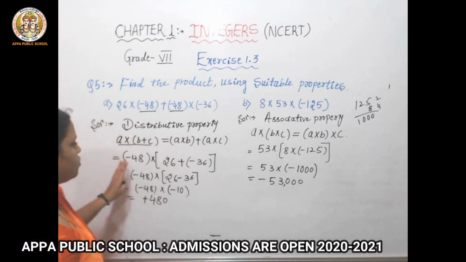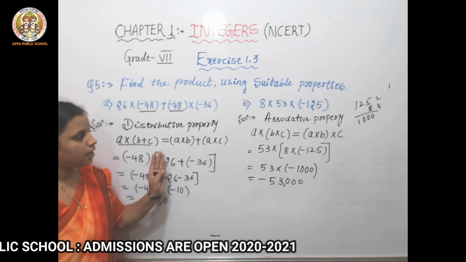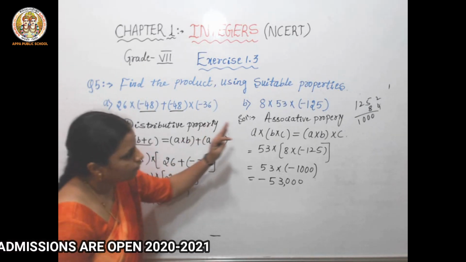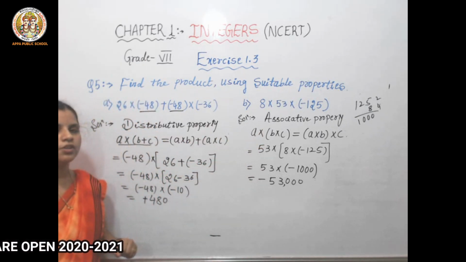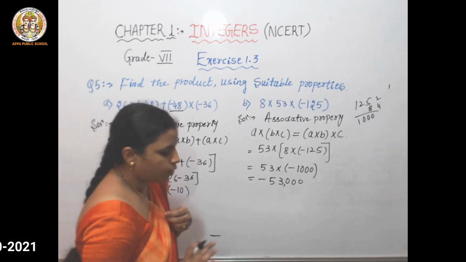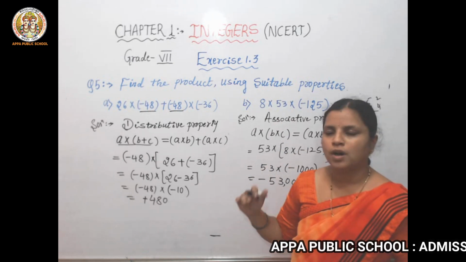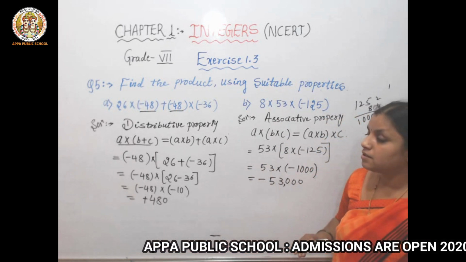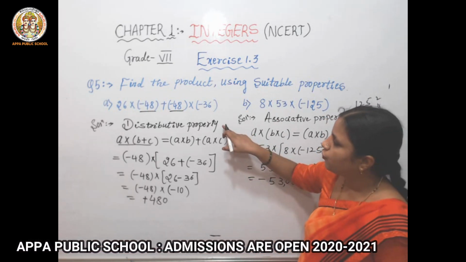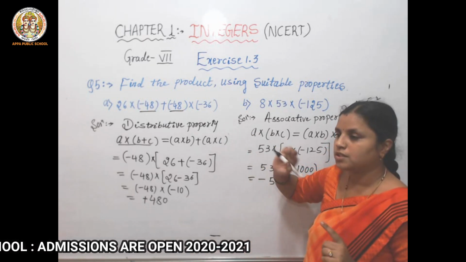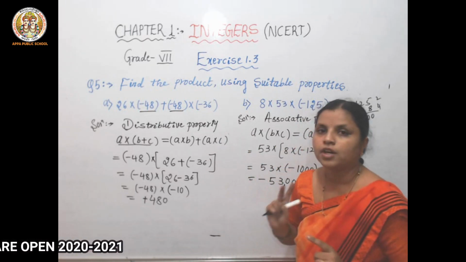In the first problem, we used the distributive property, whereas in the second problem, we used the associative property. In the exam you may get this for 2 or 3 marks. The 3 marks are distributed in such a way that mentioning the property is for 1 mark and solving is for 2 marks.